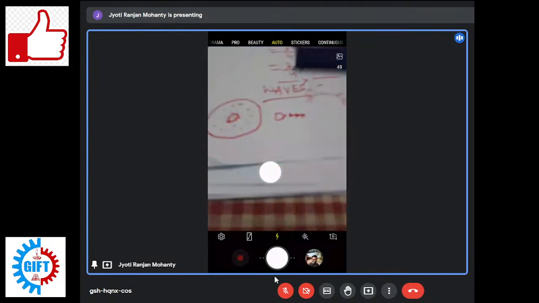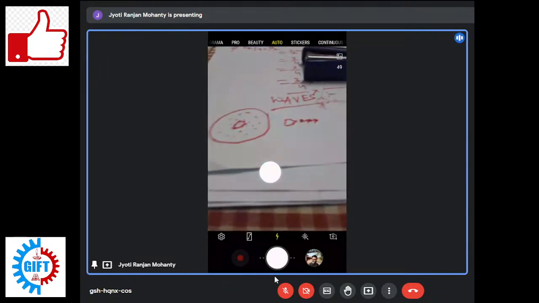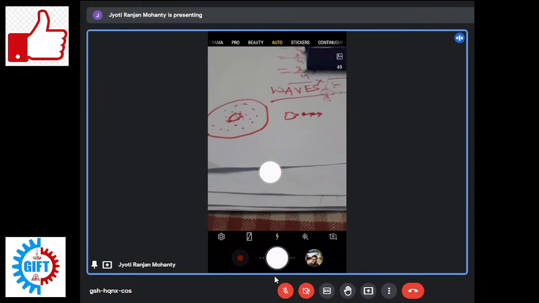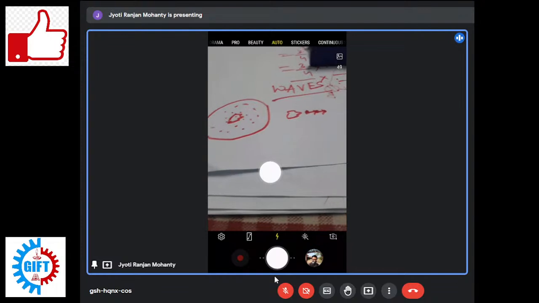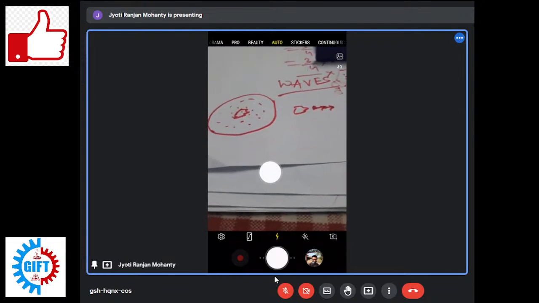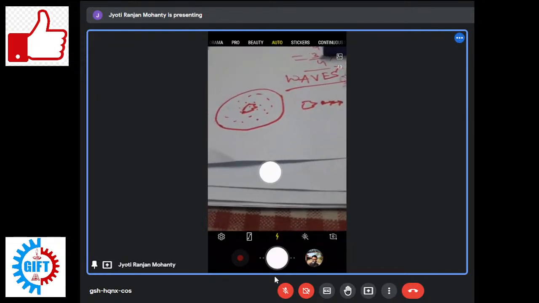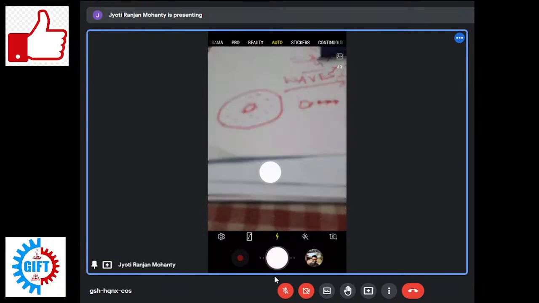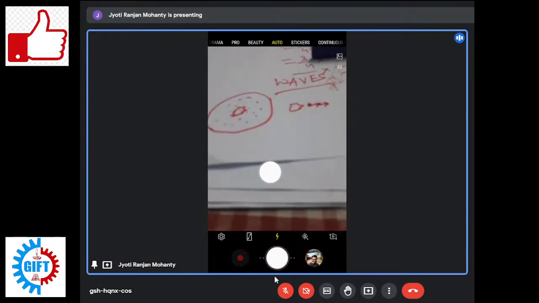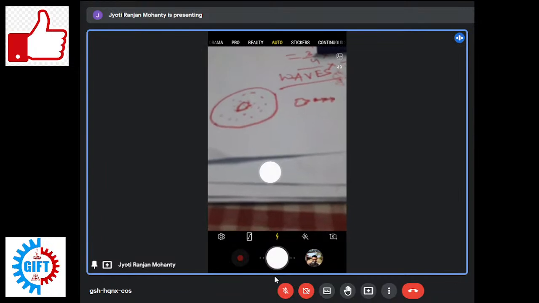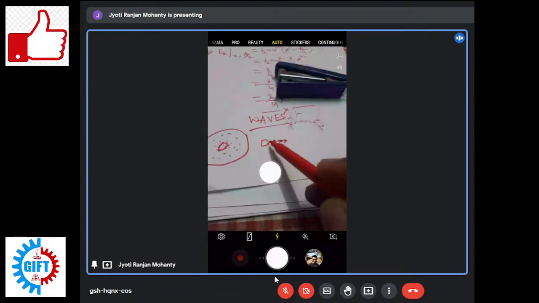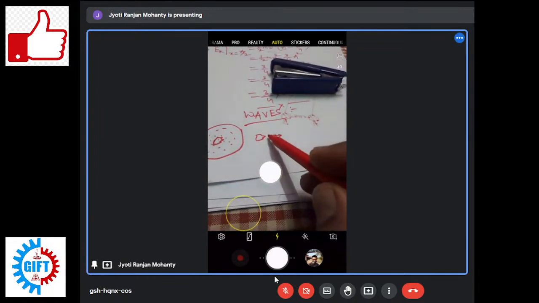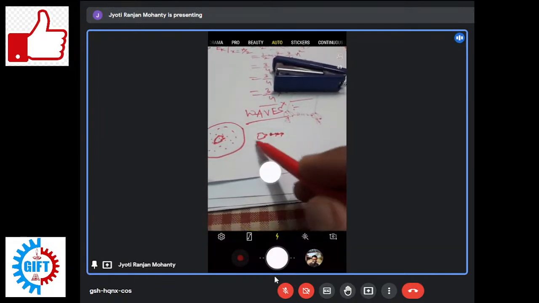The water particles set the neighboring particles into vibration. So the disturbance, instead of being confined to a place, spreads out over the entire pond. So don't think that the stone touches the particles here and the disturbance will be present only over here.